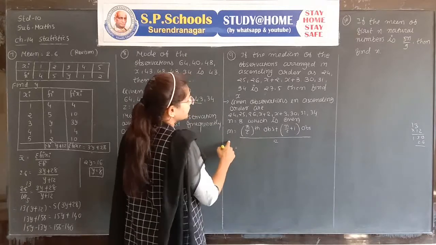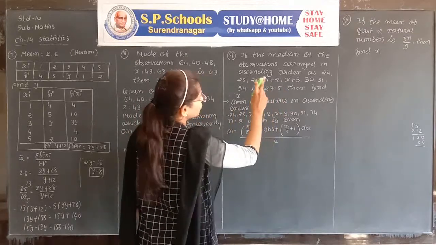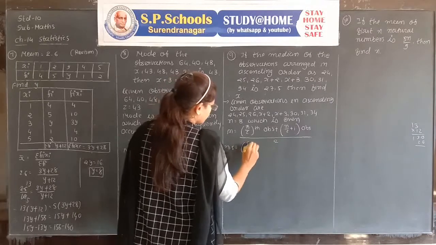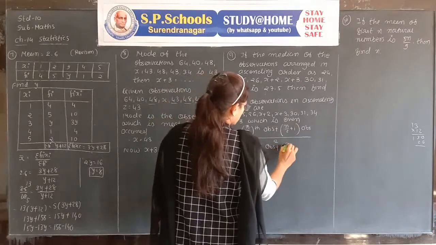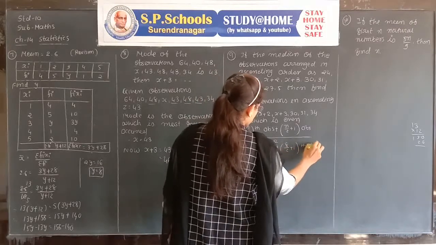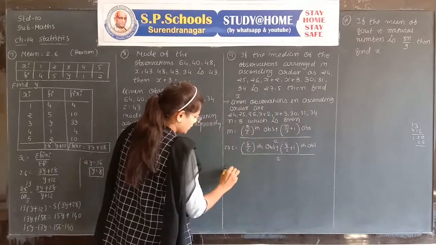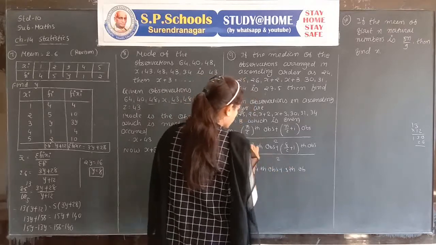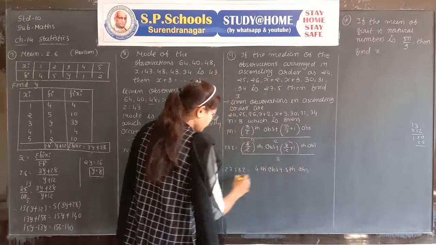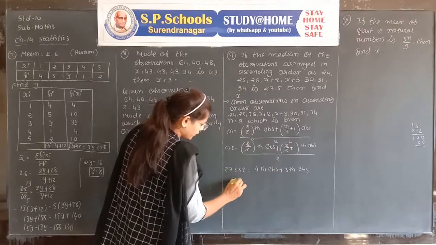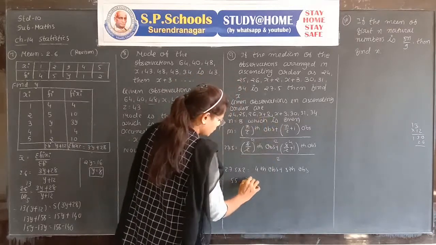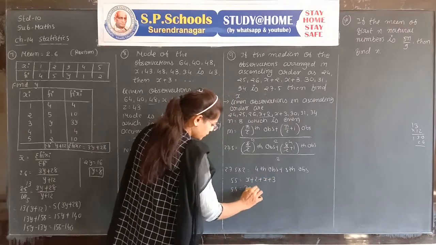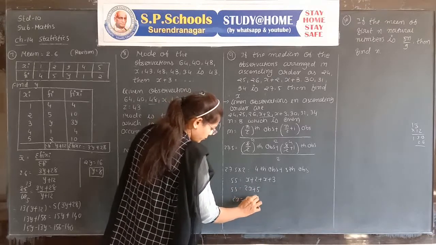Median is given as 27.5, n is 8, so 8 upon 2 observation plus 8 upon 2 plus 1 observation, divided by 2. 27.5 multiplied by 2 is the 4th observation plus the 5th observation, because 2 4s are 8. 27 2s are 54, plus 1 is 55, where the 4th observation is x plus 2 and the 5th observation is x plus 3. 55 is equal to 2x plus 5, hence 2x is equal to 55 minus 5.